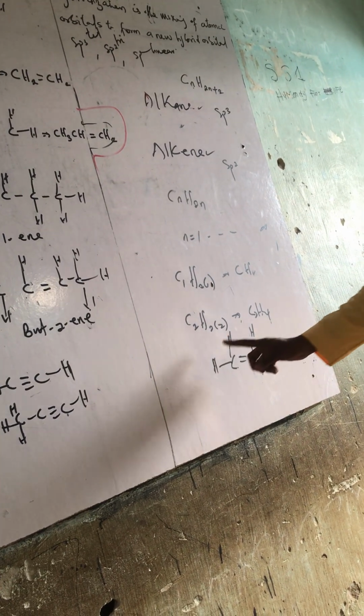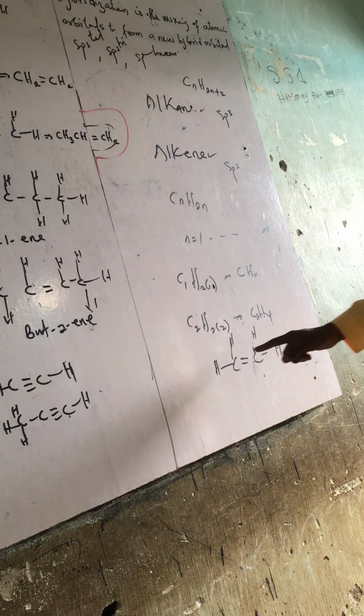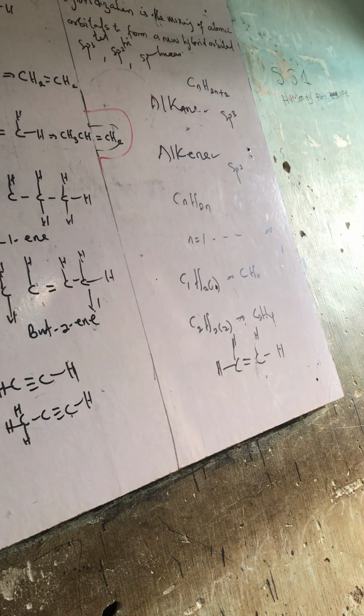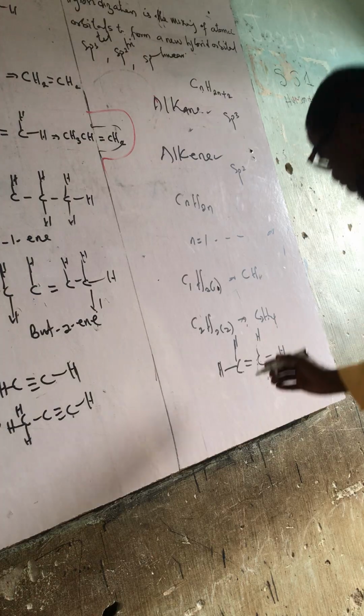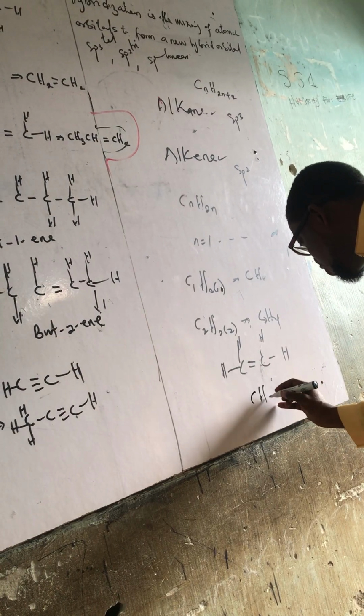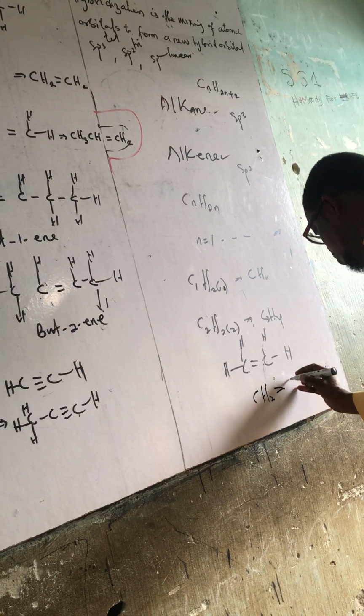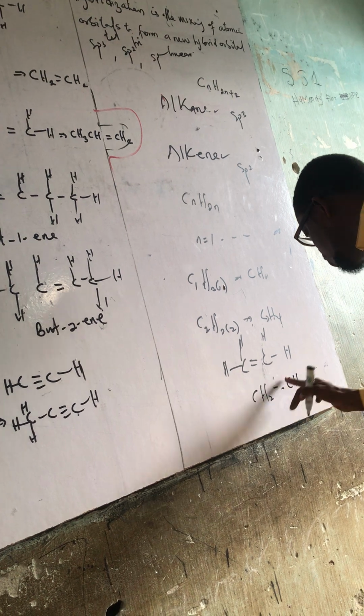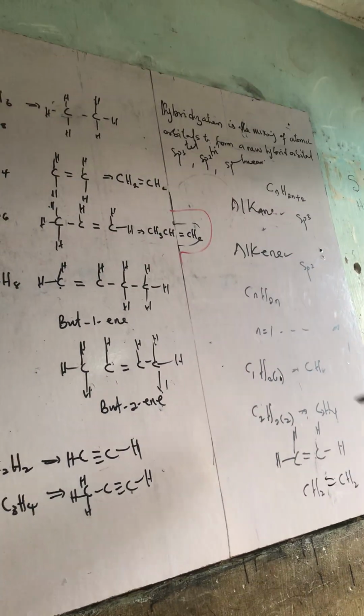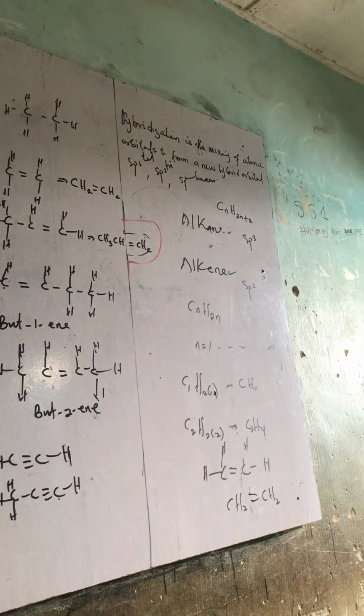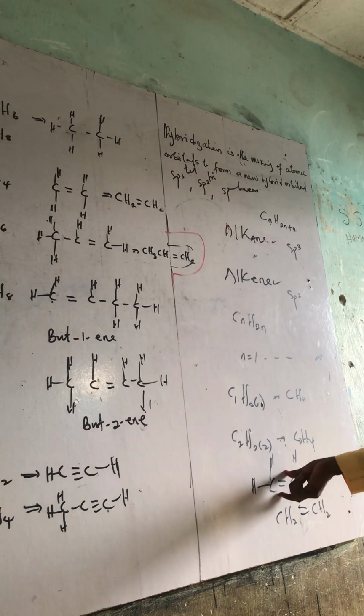So 1, 2, 3, 4 for H, and 2 for C. We can rewrite this as CH2, the double bond, another CH2. This is the structure for ethene. Either you draw this or you draw this. This is the double bond we're talking about.